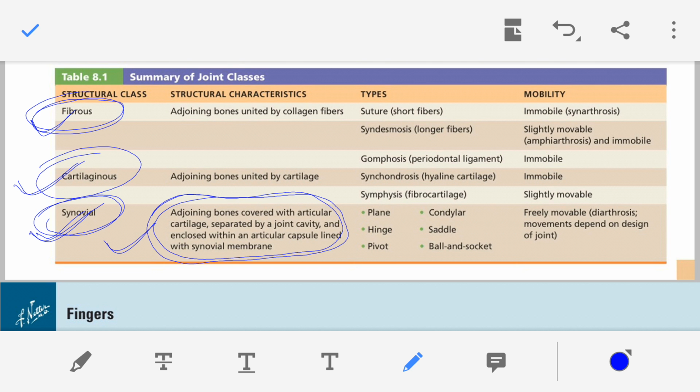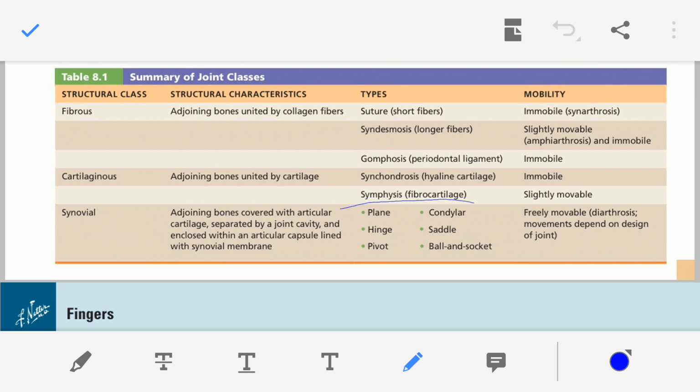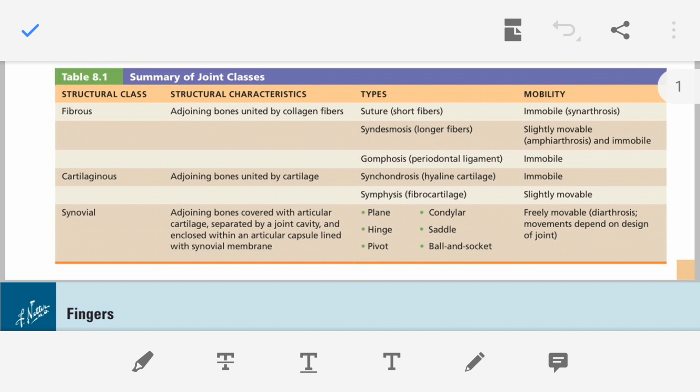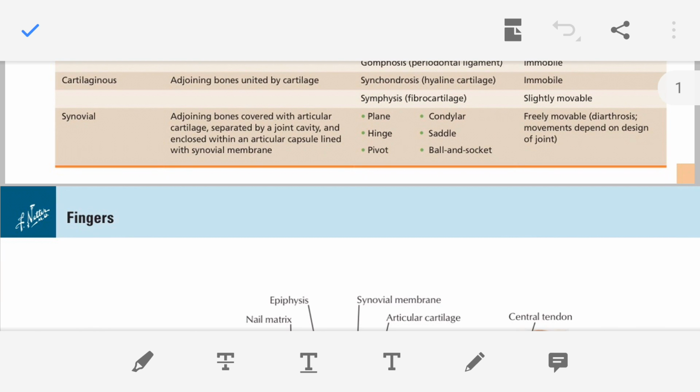All this we are going to discuss in this lecture, and in the next lecture we are going to discuss the types of synovial joint. Now today we are going to learn what the synovial joints are and where they are present.